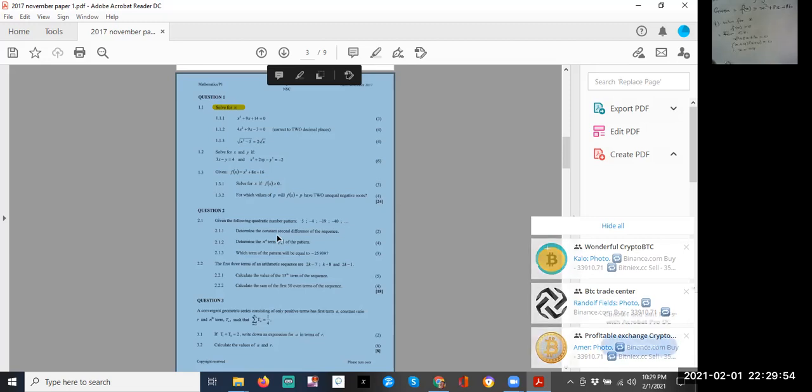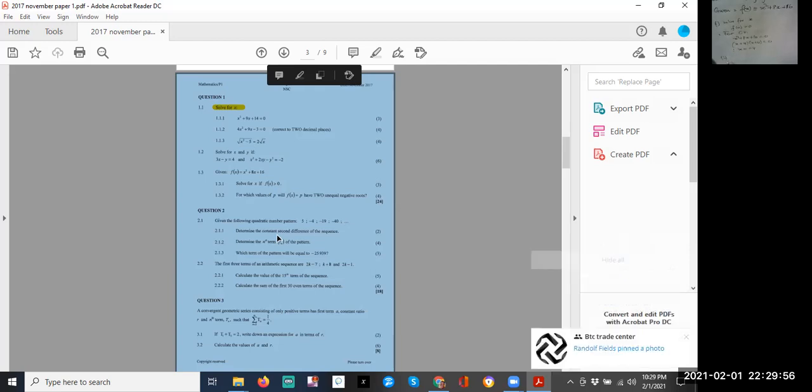So now the second step is to check the graph. Our a is positive, meaning our graph will be concave up. Now let's draw this.